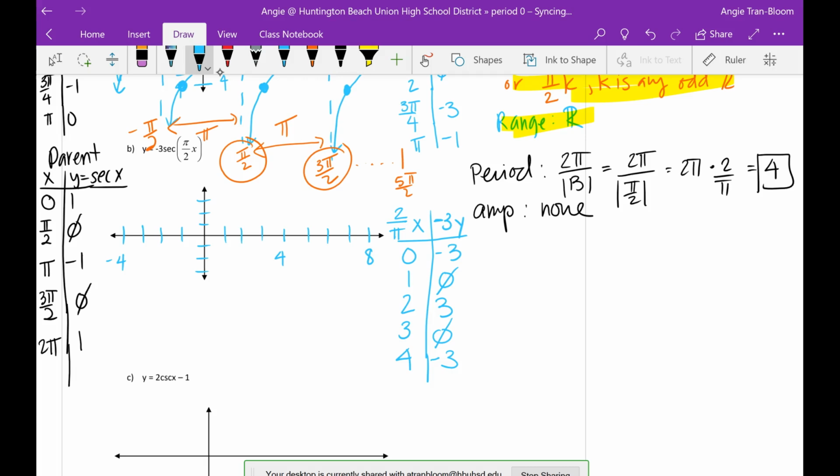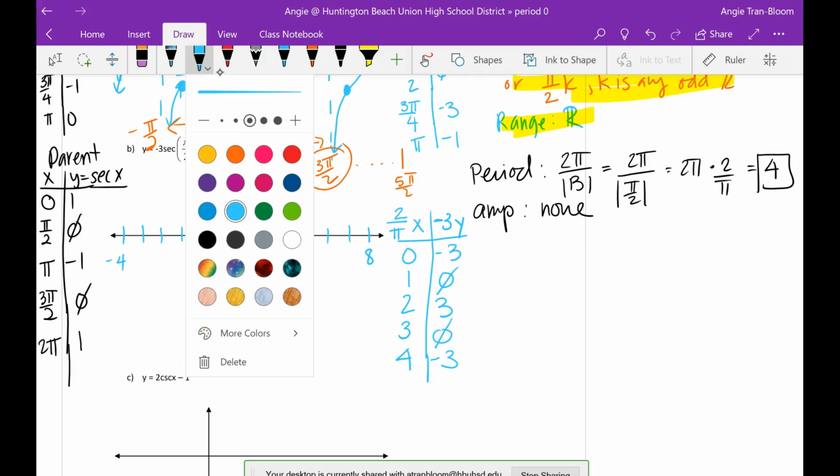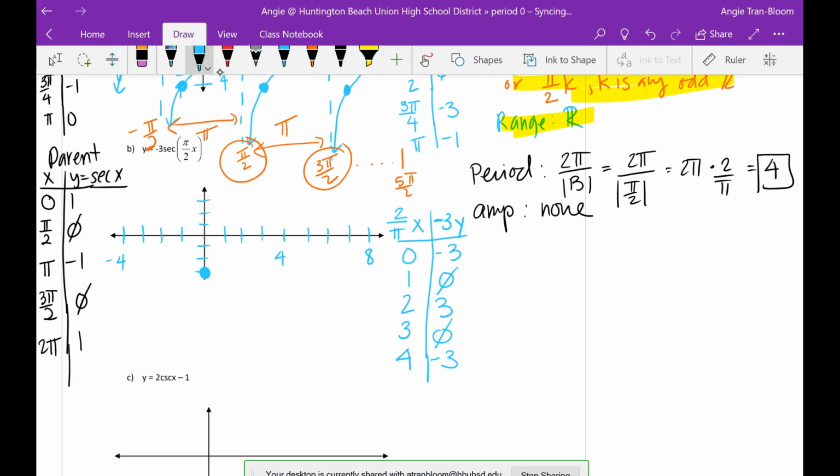Okay. All right. At 0, I'm going to go all the way down to -3. Here we go. And then at 1, what am I doing at 1? Making an asymptote. Very good. Okay. Then at 2, I'm going to go all the way up to 3.